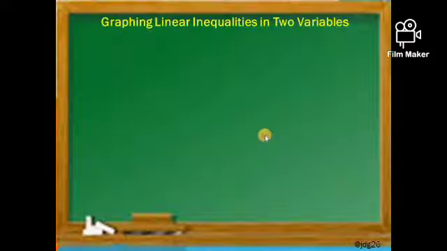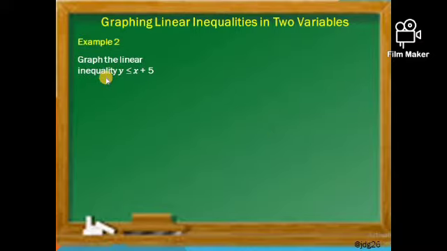Let's have another example. Number 2. Graph the linear inequality y is less than or equal to x plus 5. So, same process tayo. Kunin natin ang slope at ang y-intercept. Since the given is already written in slope-intercept form, kunin natin ang slope niya. So, ang slope ay positive 1, which is the coefficient of x.